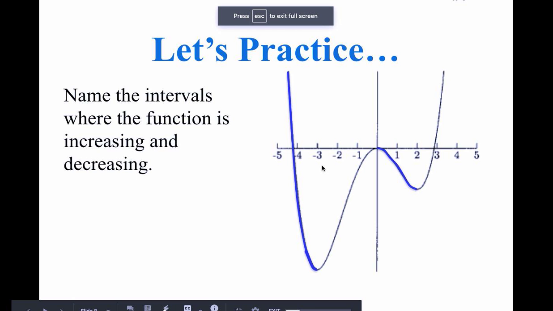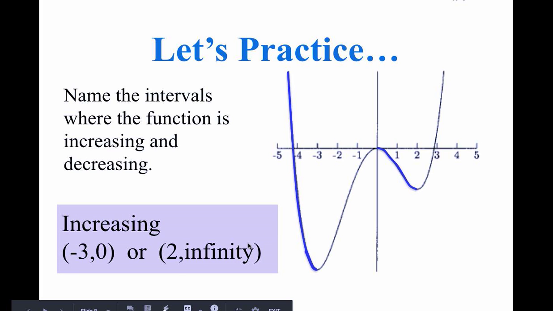Alright, so on your practice, if you paused the video, you could see that your increasing interval, if I'm tracing this graph, I go down. Right here is where it started to change its direction, so -3 to 0, where it starts to go down again, and then it starts again at 2 and goes to infinity. So there's your increasing values.